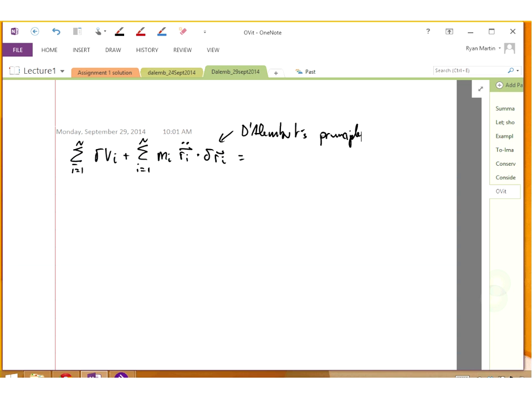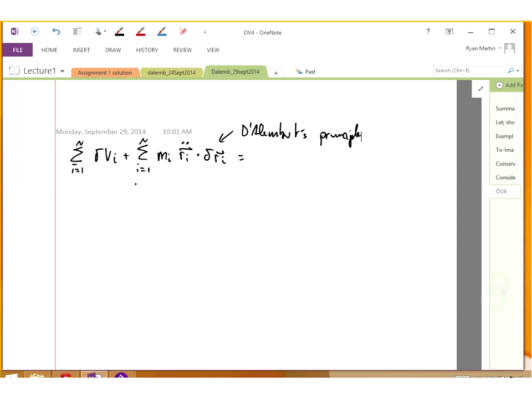All right, so now we want to take the case. In the scleronomic case, where the potential does not depend explicitly on time, if I choose the δq_j's to be equal to the dq_j's, then in that case the δr_i's will become dr_i's and the δV_i's will become dV_i's. Right?